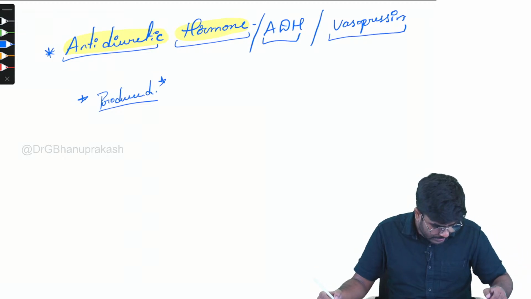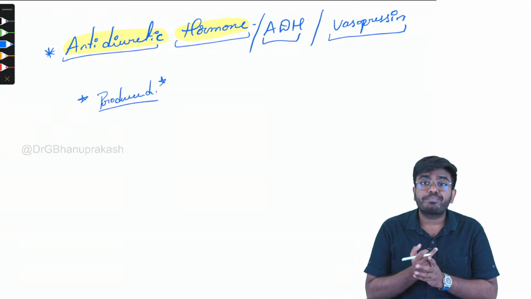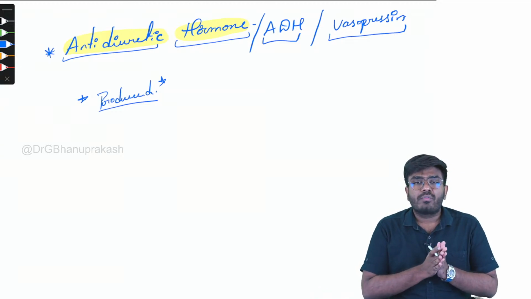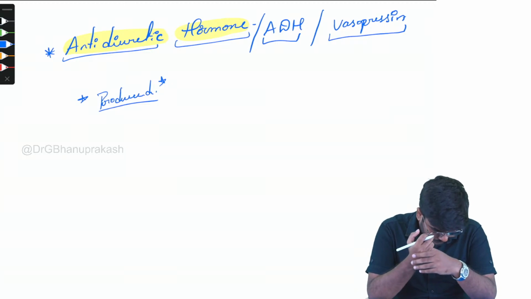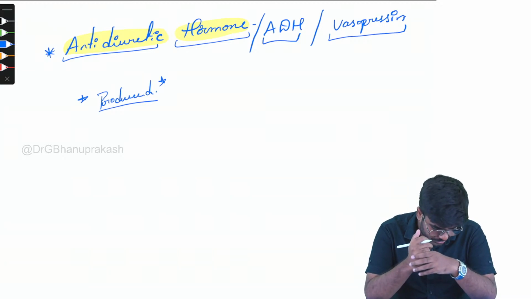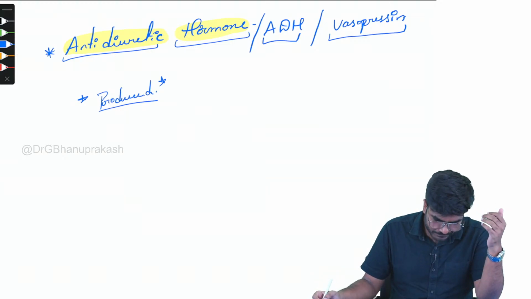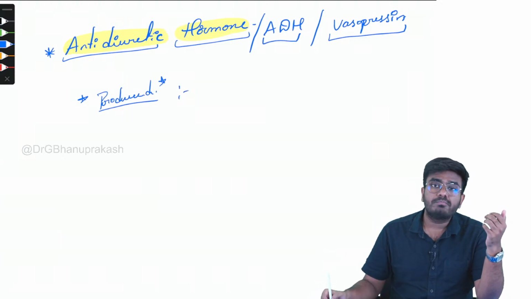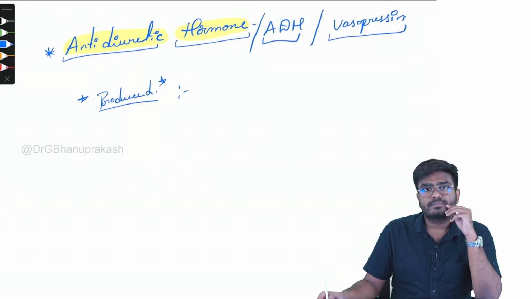Ranjan, Isha, Saitej, Tom, Harini. Tell me, from where is the antidiuretic hormone produced? Which part of your body is producing the antidiuretic hormone?